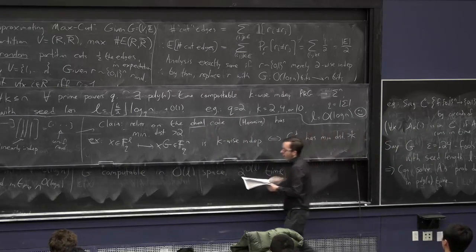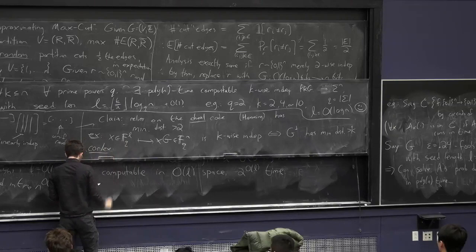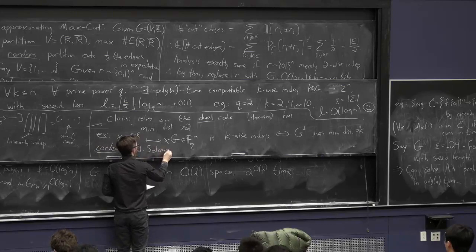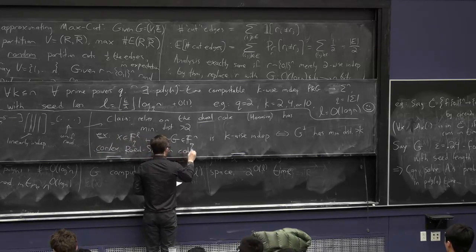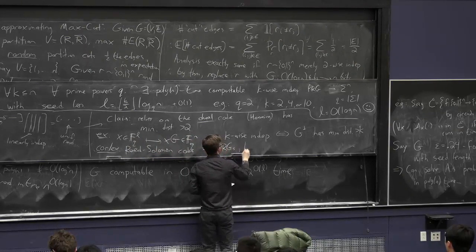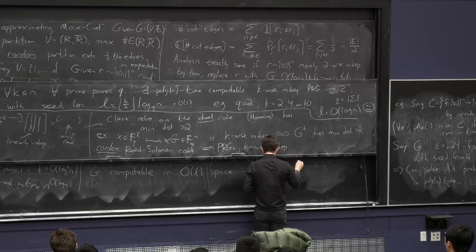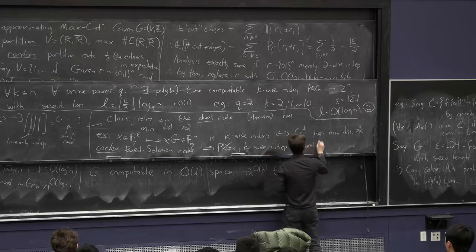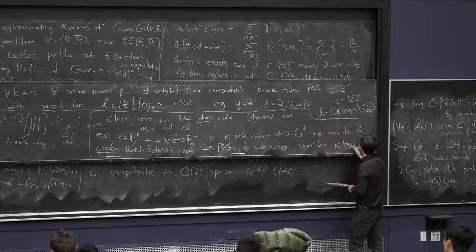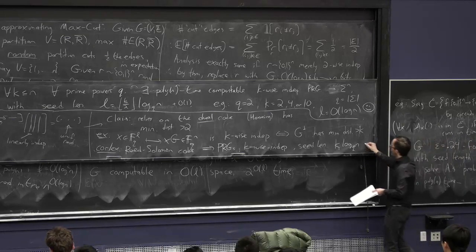So, a corollary and final exercise for you. If you use Reed-Solomon codes, you get pseudorandom generators that are k-wise independent and have seed length basically k log base q of n, maybe plus order k here.